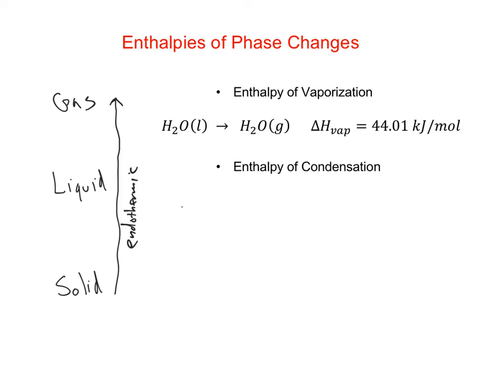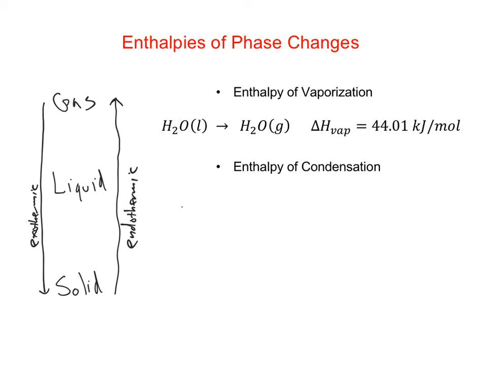We have to heat that on our stove. We have to put energy in order to make that happen. So it should make sense that that is an endothermic process. So then that means that going in the other direction, going from a gas to a liquid, or a liquid to a solid, or a gas to a solid, all of those processes are exothermic. Right, they're giving off heat when you go in that direction.